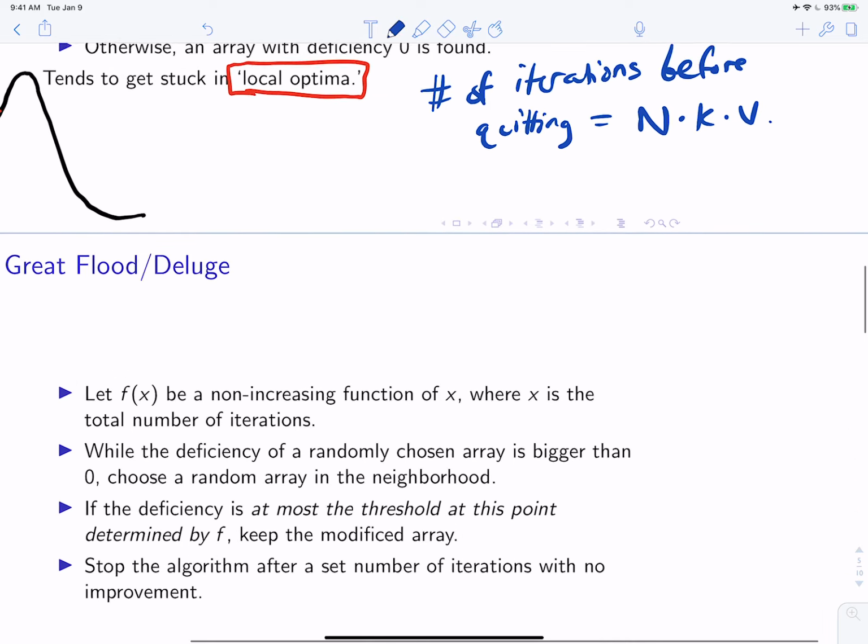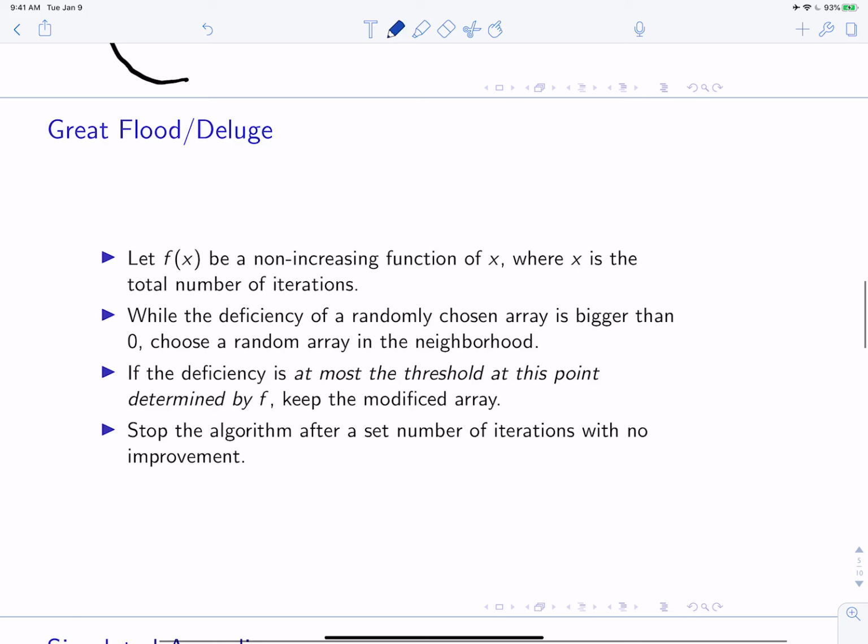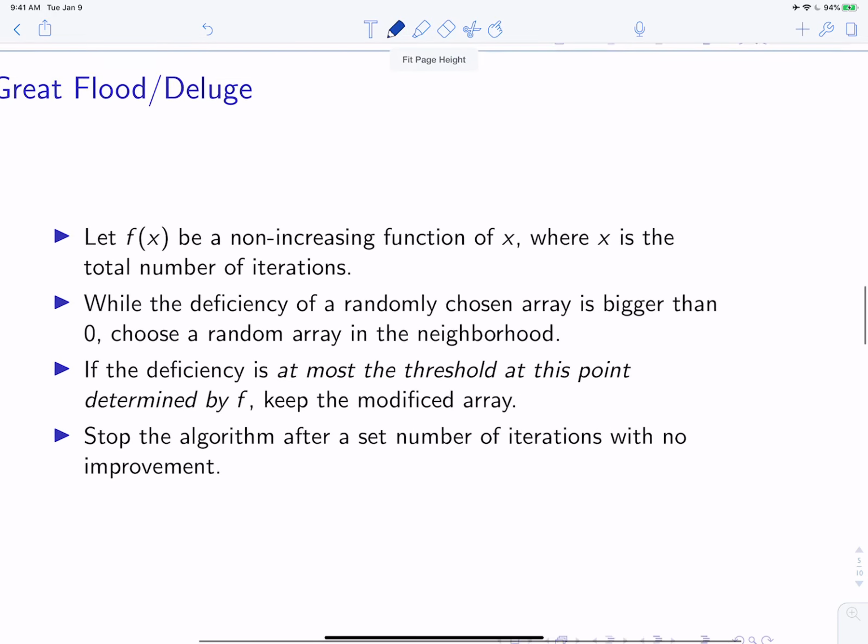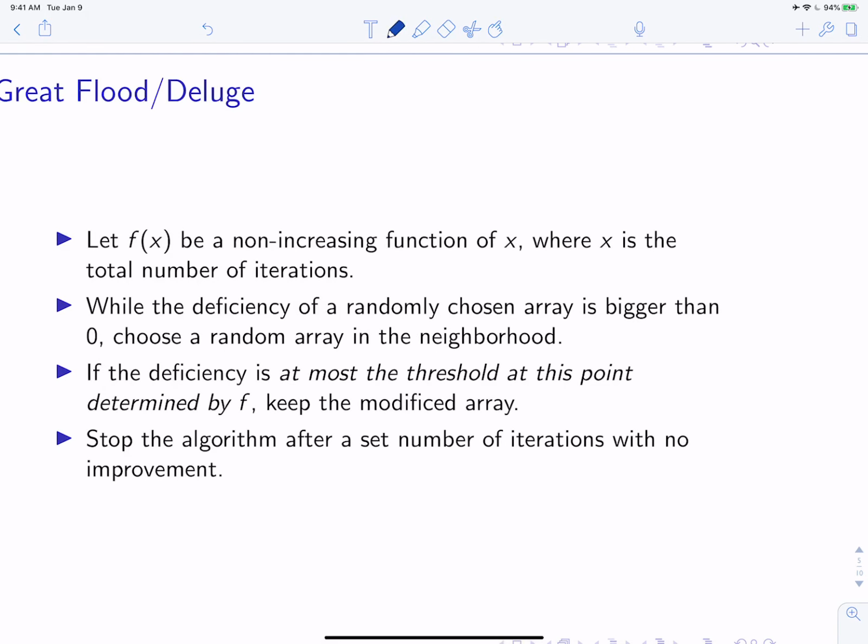Okay, so the next one on the list is the Great Flood or Great Deluge algorithm. The basic idea is very, very similar. If the deficiency is at most the threshold determined by some function, and we have to define what that function is, then we keep the modified array.